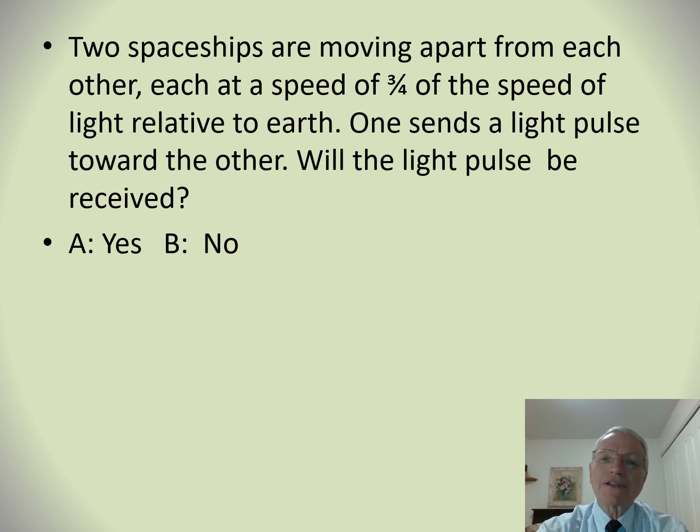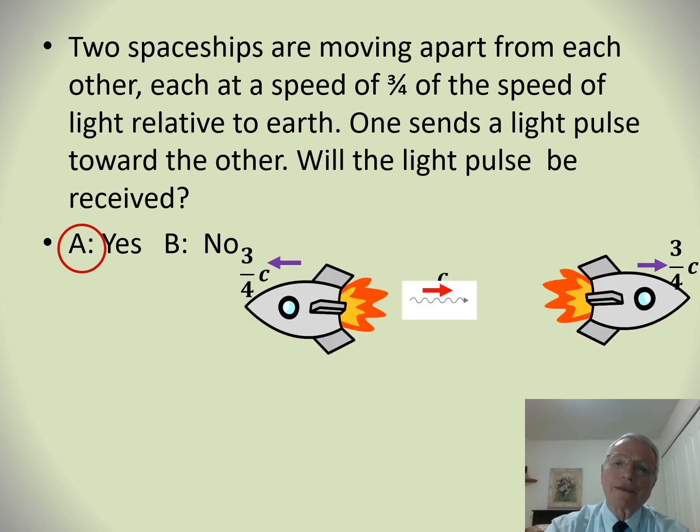Now, there's nothing physical moving at that speed, but I could say, okay, well, one's going to the right at 3/4, the other one to the left at 3/4. That looks like 1.5. The other one sends a light pulse toward the other. Will the light pulse be received? And the answer, of course, is yes, it will be, because you have these two spaceships.